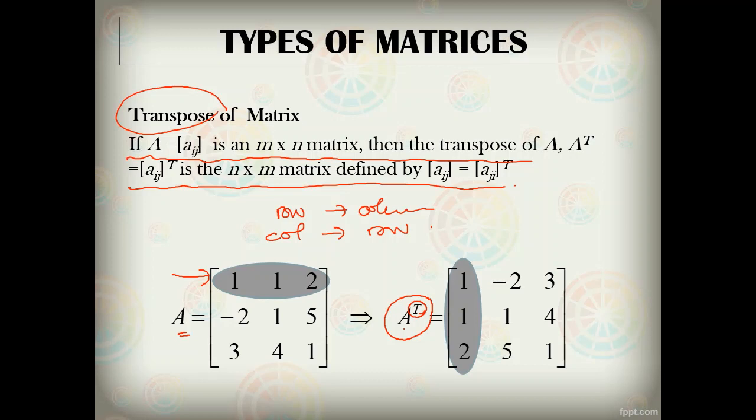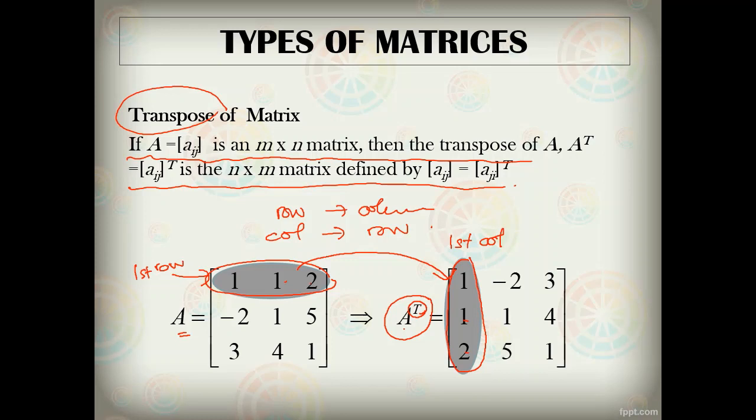Now look at this. This is your first row. All the horizontal elements here are your first row. Now the first row changes to become the first column. So the first row now becomes the first column. You see, 1, 1, 1, 1, 2, 2. So all the first row elements have become the first column.